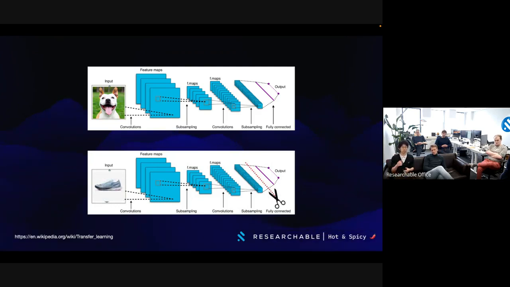You would take the model that was trained on ImageNet, remove the last layer, and add a new one to replace it. And then you only train the last layer of the neural network.